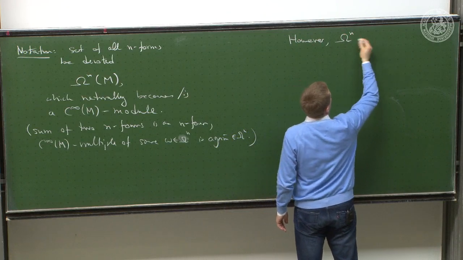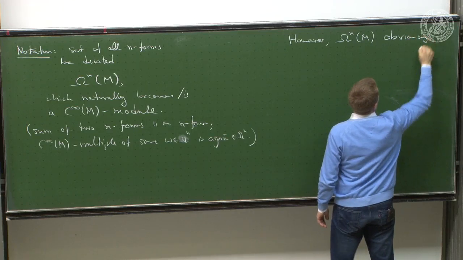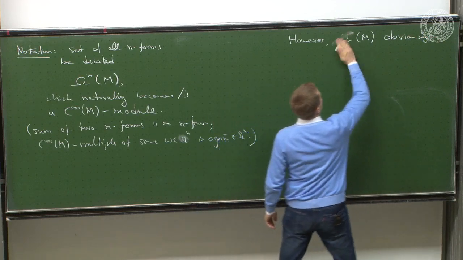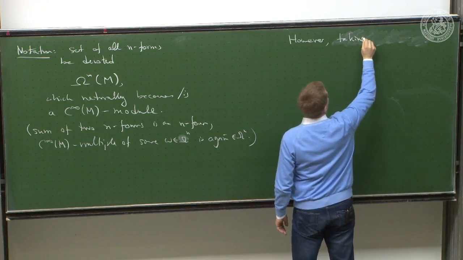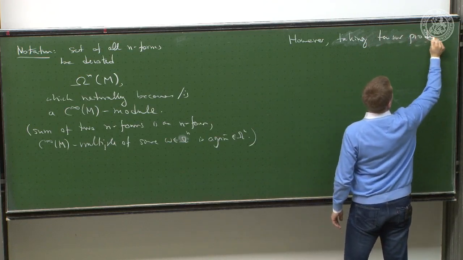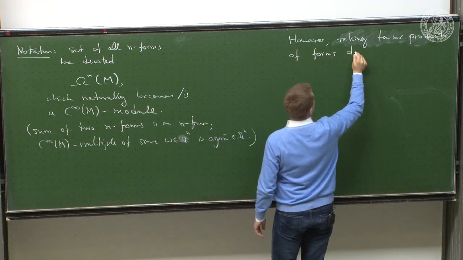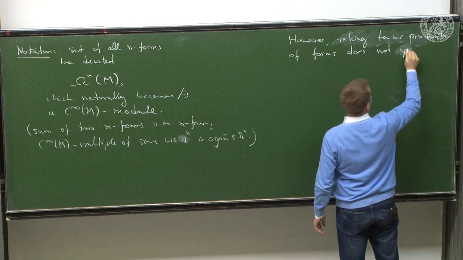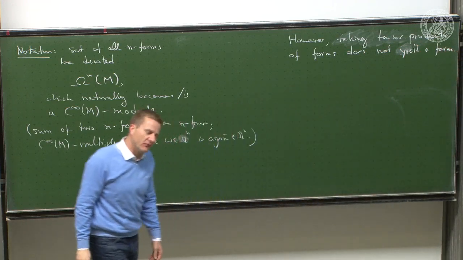Taking tensor products of forms doesn't lead to forms. It's even worse than not being closed, right? Taking tensor products of forms does not yield a form, unless one of the forms was a zero-form.